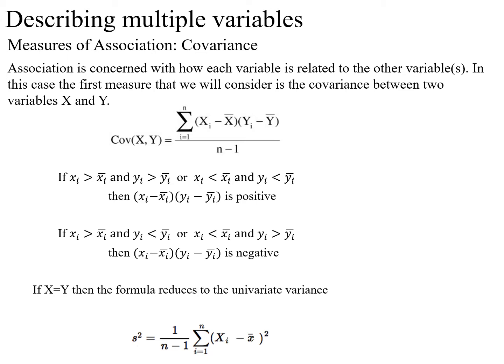That is, it reduces to xi minus the mean of x, squared, because x and y are the same. And we'll see that the covariance between a variable and itself is going to be equal to the variance.